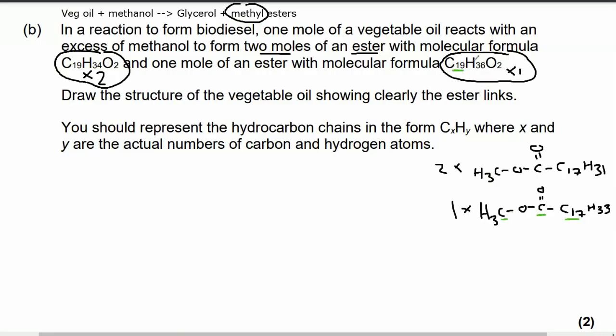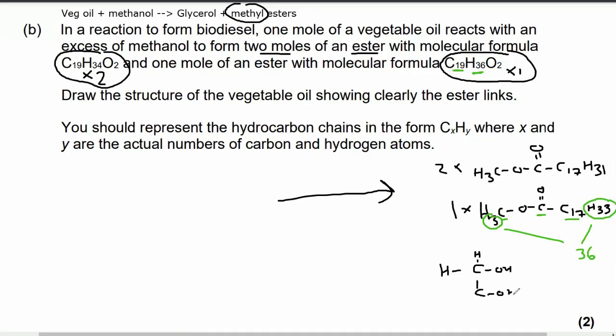Because we were told there were 2 with H34 and O2. Now the methyl group reduces those hydrogens. So as you can see there, these two together equal 34, the H3 and the 31 from the hydrocarbon chain. So we've worked out our 3 esters.